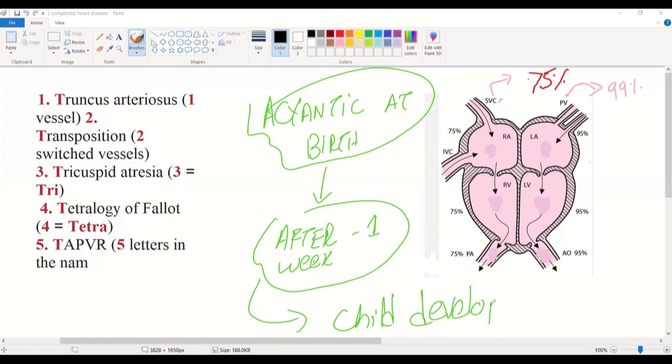What is the mechanism behind this cyanosis? Closure of the ductus arteriosus. Yes, sometimes this closure takes a few days. That's why this is again a high yield, right?